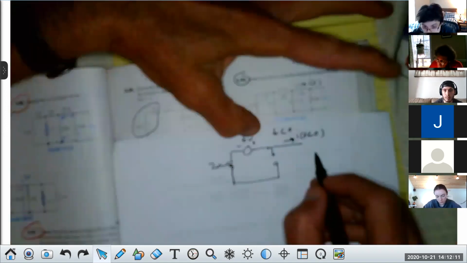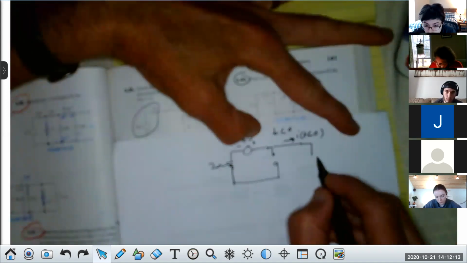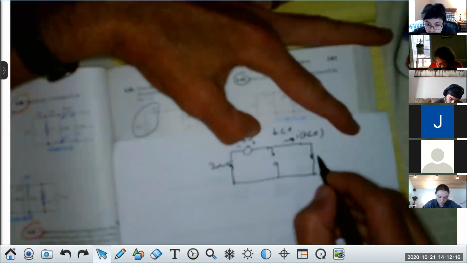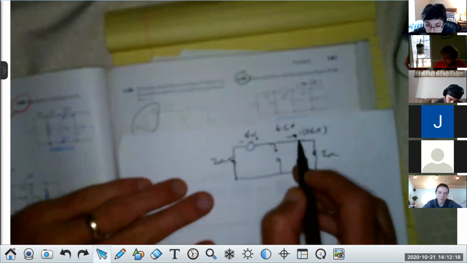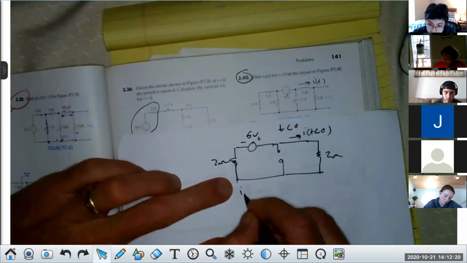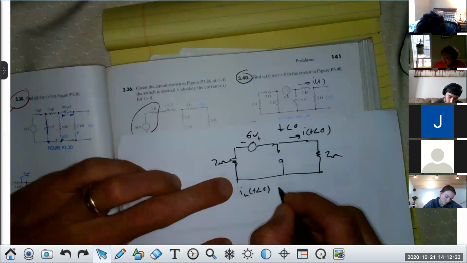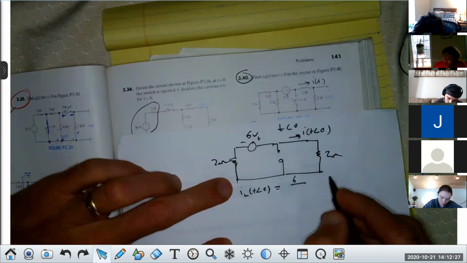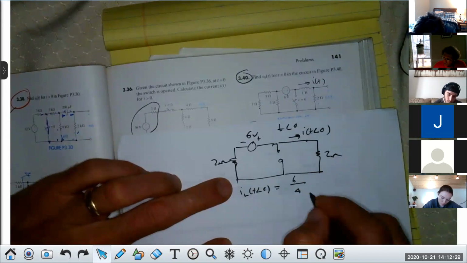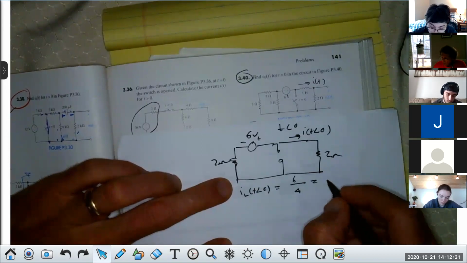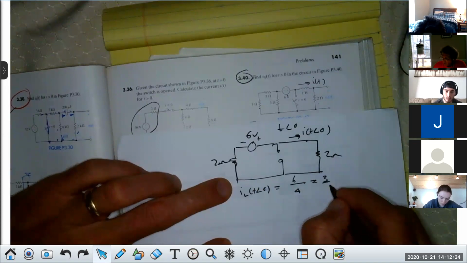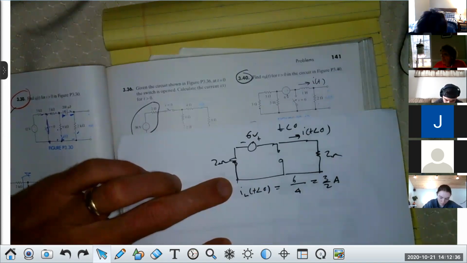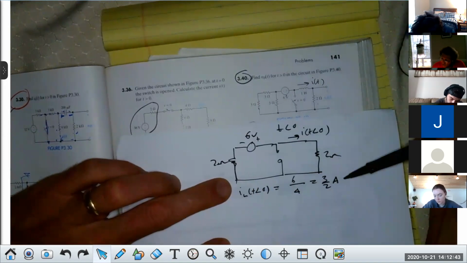And then I have 2 ohms in front of it. So if I want this current, I, through the inductor for t less than 0, that's going to be 6 volts pushing current this way, divided by 4 ohms, or 3 halves of an amp. Do you all agree with that? That's the first thing. Take a good look. That's this problem. You all get this for the current for t less than 0.